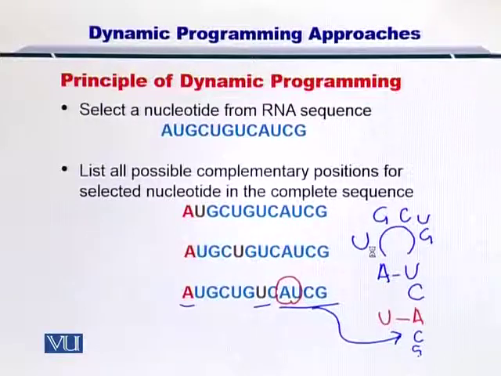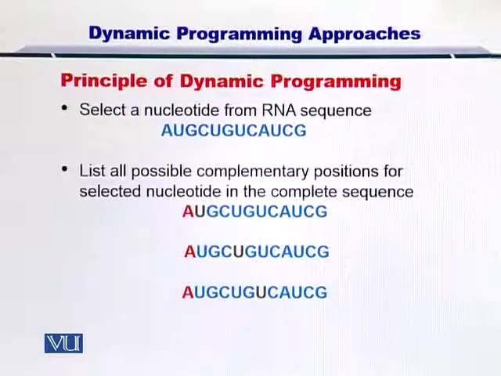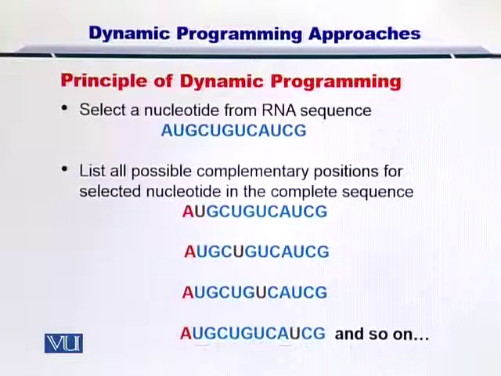So clearly, the dynamic programming approach of breaking this problem into individual smaller problems is a good solution and a nice way forward. As I just mentioned, you can consider U and A to make a bond, as well as G and C, the underlined nucleotides, to make bonds as well.